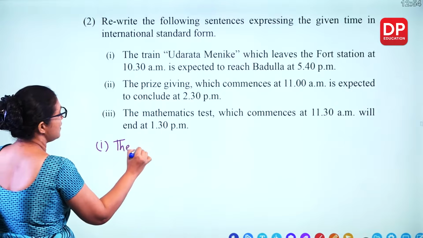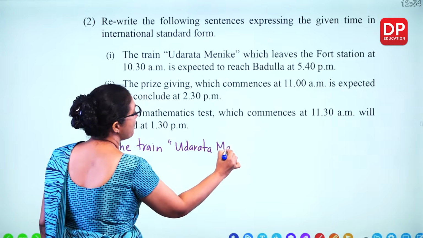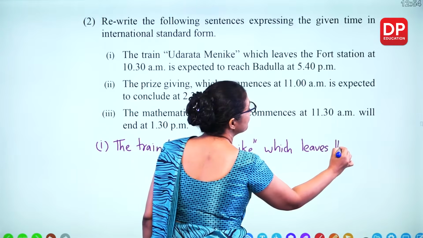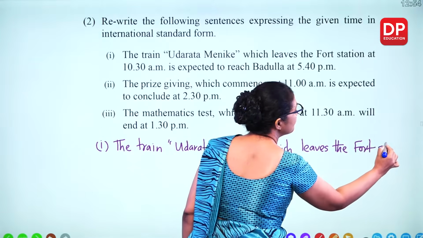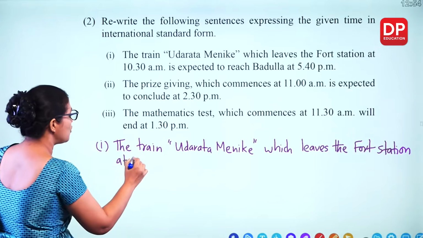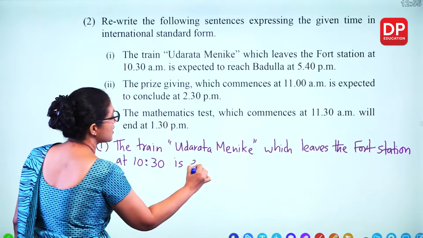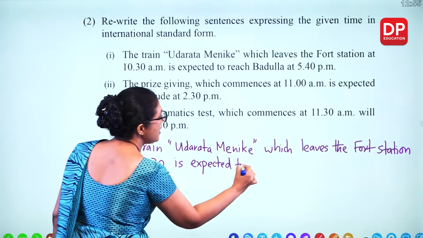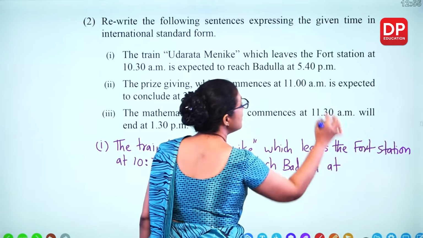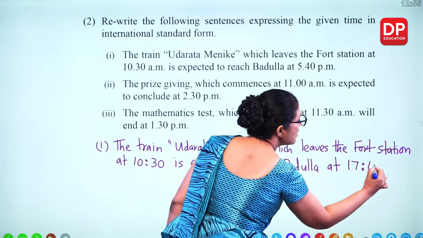The train Udarata Manike, which leaves the Fort station at, this is AM, so you can write 10:30 hours, is expected to reach Badulla at, this is 5:40 p.m. Add 12 to that. 12 plus 5, 17:40. 17:40 hours.